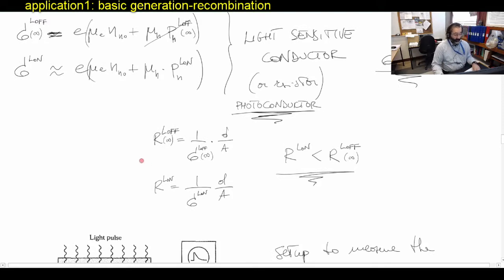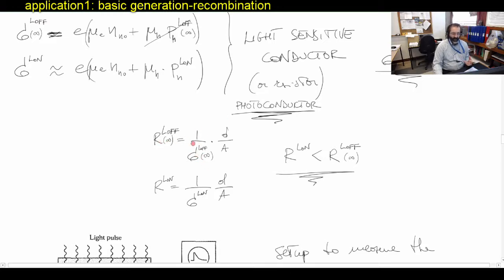And we can translate conductivities into resistances of a real piece of semiconductor, recalling that the resistance is related to conductivity and the geometrical size of the semiconductor through this simple formula. 1 over sigma is the resistivity.